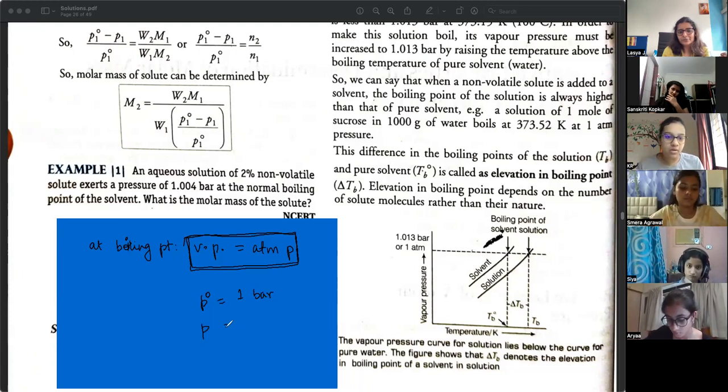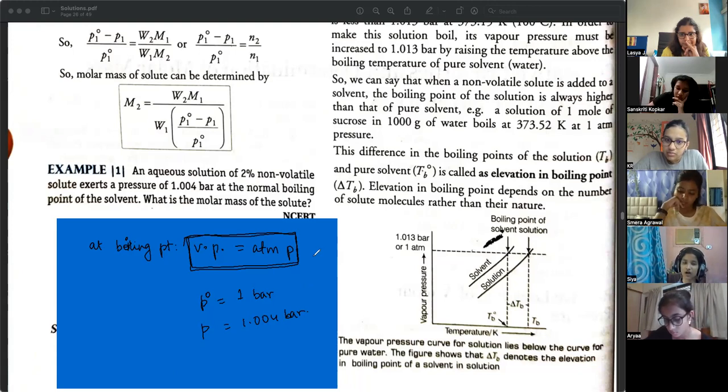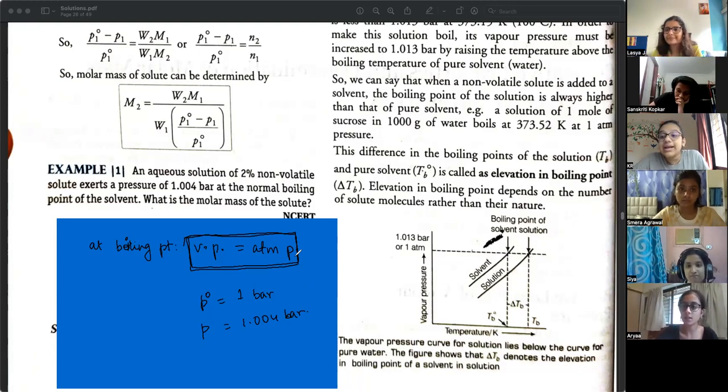After adding solute, P has become 1.004 bar. Vapor pressure of water is 1 bar. No, vapor pressure of anything is 1 bar. What? What is the atmospheric pressure now? At boiling point, any solution would be 1 bar. Correct.